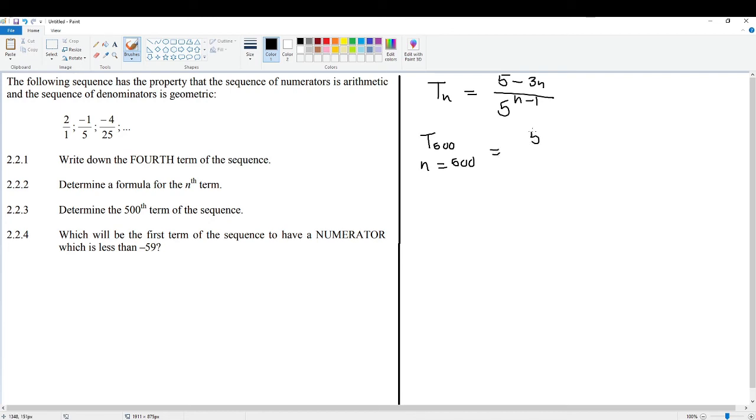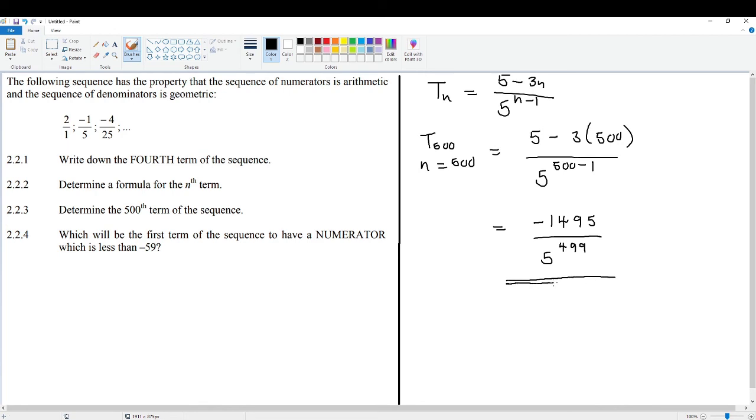We substitute 5 minus 3 times 500 divided by 5 to the power of 500 minus 1. We simplify this. This will be equal to minus 1495 divided by 5 to the power of 499. This is the 500th term of our sequence.